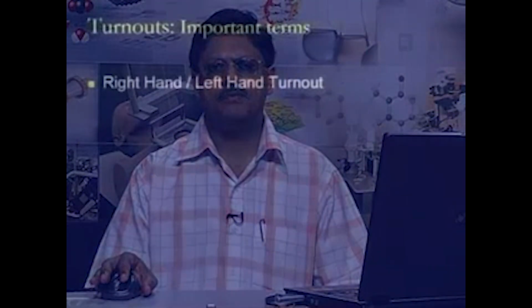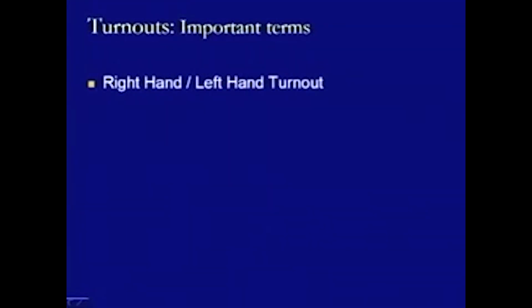So, now we come to the various important terms which need to be discussed, which we should know before designing any turnout. The very first thing is what type of turnout we are designing, whether we are designing a right hand turnout or a left hand turnout. I have already defined how we can find out what is a right hand turnout or a left hand turnout.